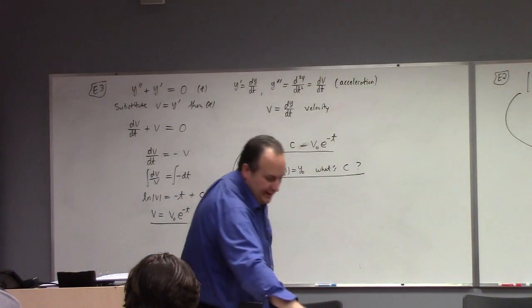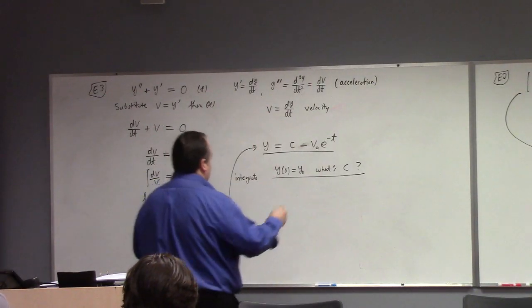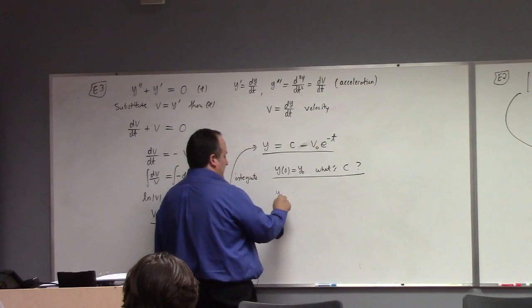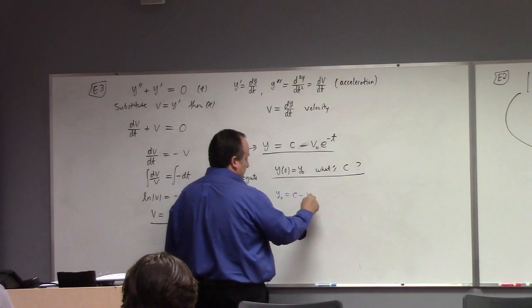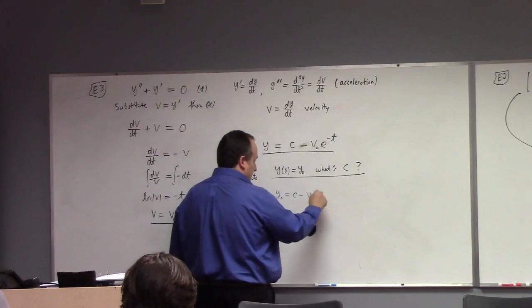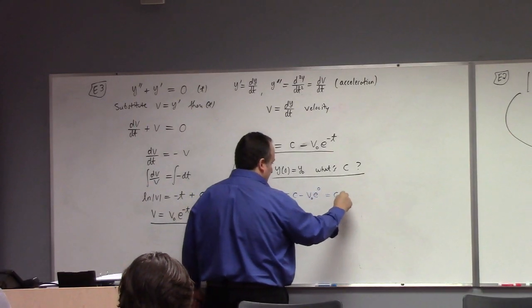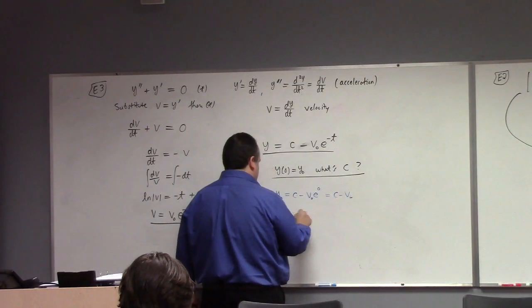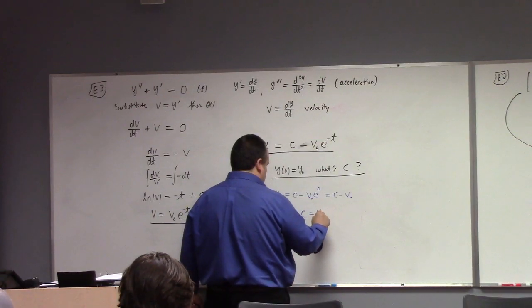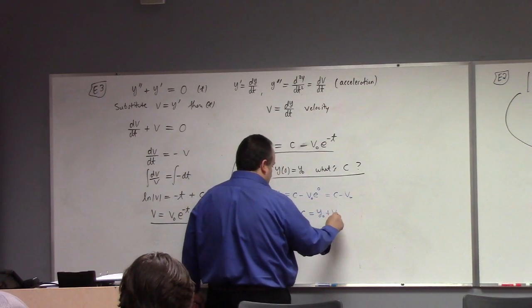If I plug in time 0, what happens? I get y naught is c minus v naught e to the 0, also known as 1. So apparently, c should be equal to y naught plus v naught here.